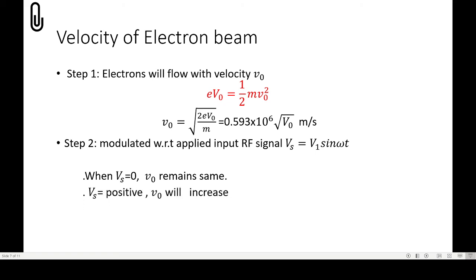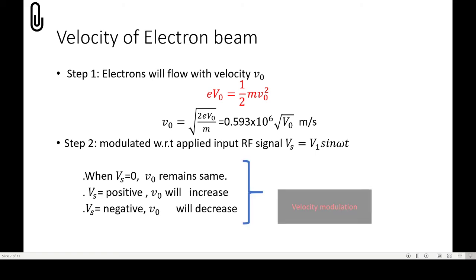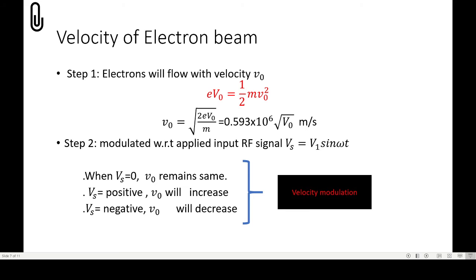When Vs is positive, which means during the positive half cycle of the input signal, the V0 will increase. When Vs is negative, during the negative half cycle of the input signal, V0 will decrease. This phenomenon is collectively known as velocity modulation. We will derive the equation for modulated velocity in the coming section.